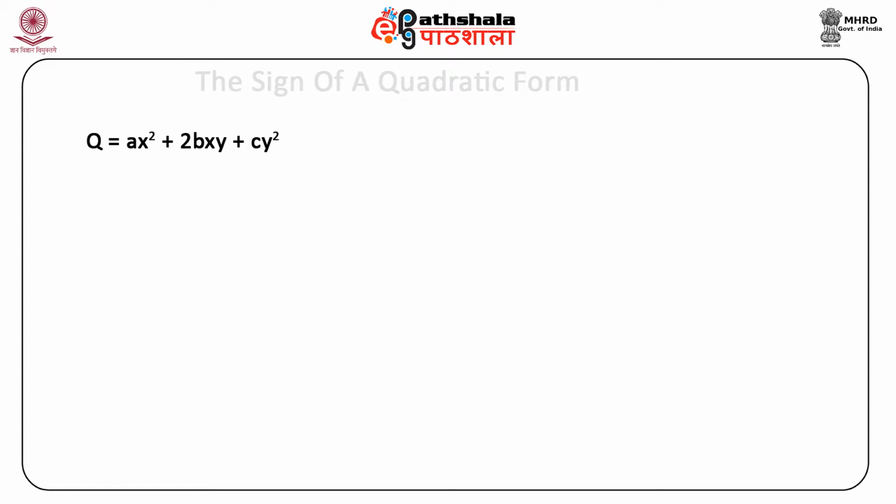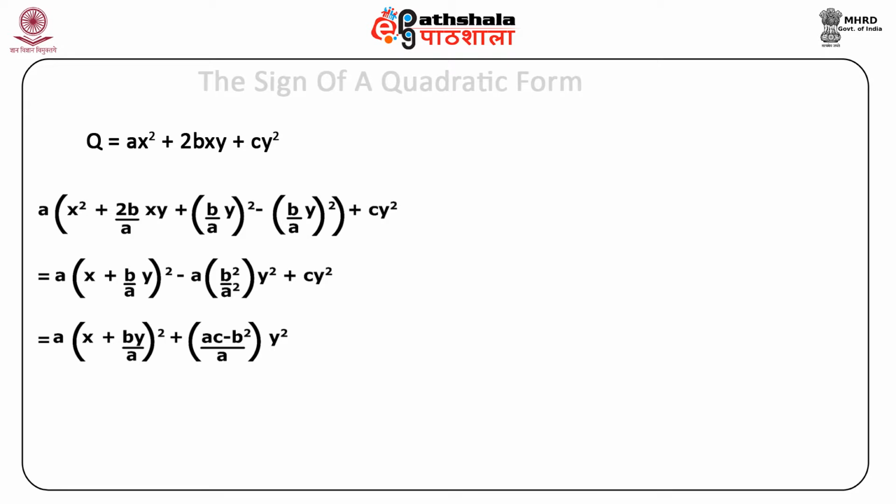This can be written as a multiplied by x square plus 2b upon a multiplied by xy plus (b upon a y) whole square, minus (b upon a y) whole square plus cy square, which is equal to a (x plus b upon a y) square minus a b square upon a square multiplied by y square plus cy square, which is equal to a (x plus by upon a) whole square plus (ac minus b square) upon a multiplied by y square.